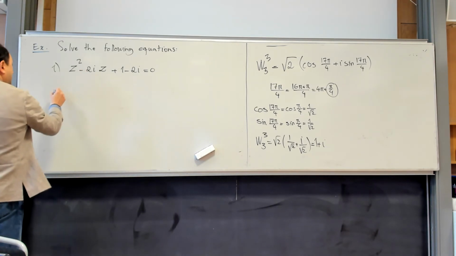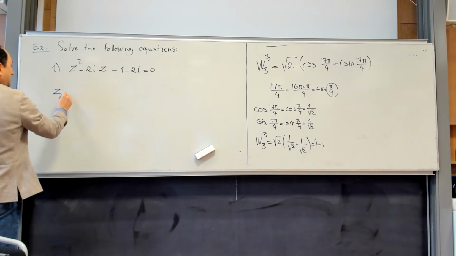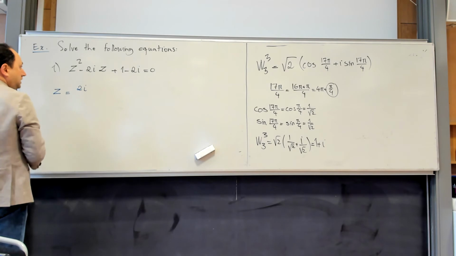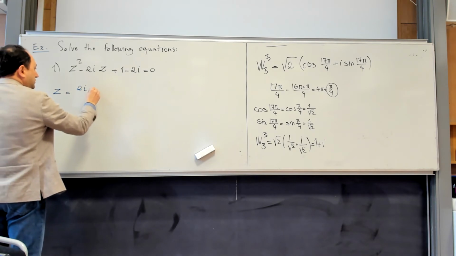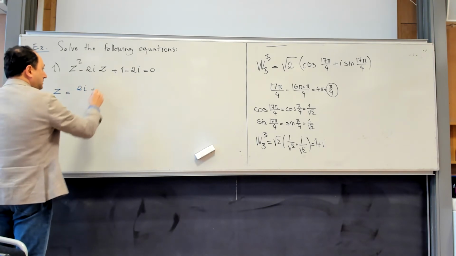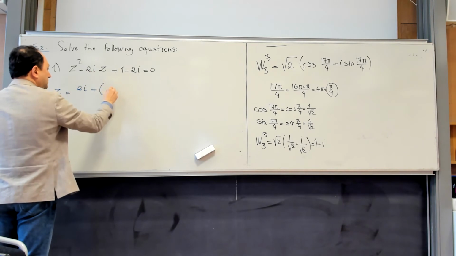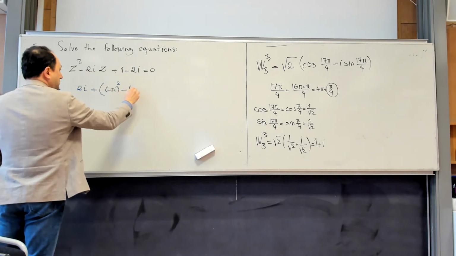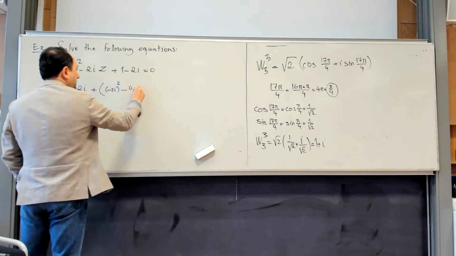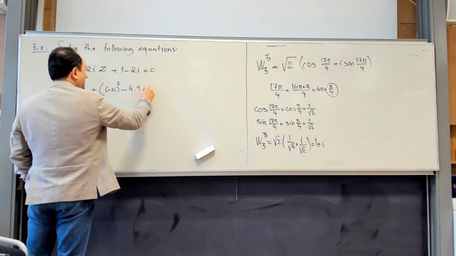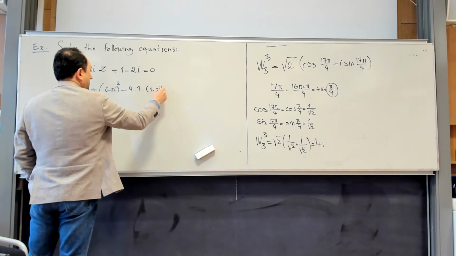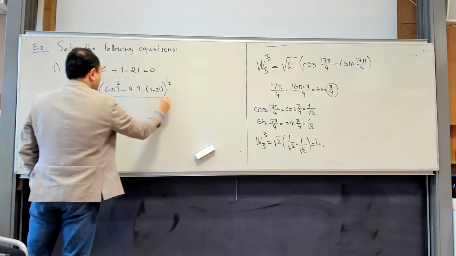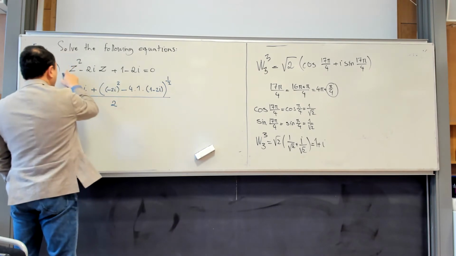So I would write that Z is equal to minus B, which is 2i in this case, plus, using this convention, the square root of B to the power 2 minus 4 times A, which is 1, times 1 minus 2i, all divided by 2 times A, which is this one.